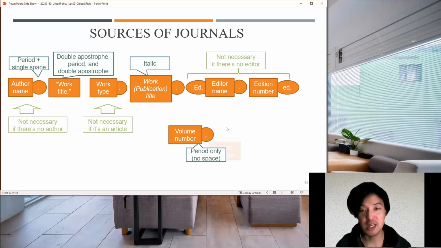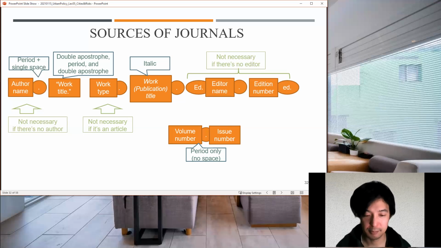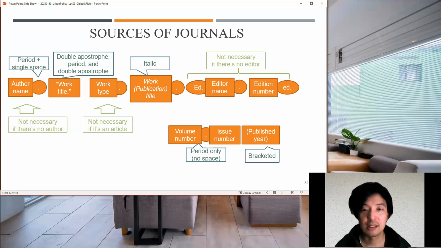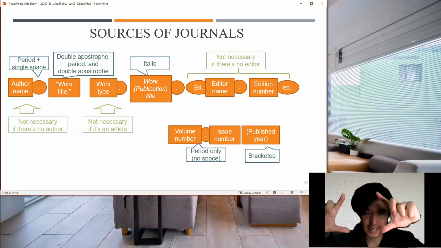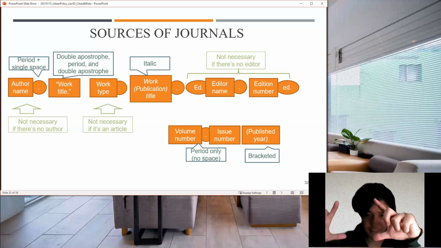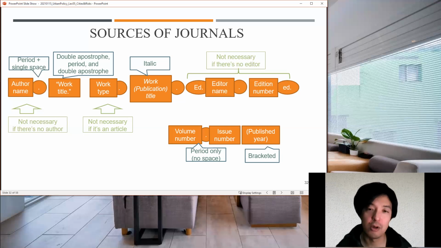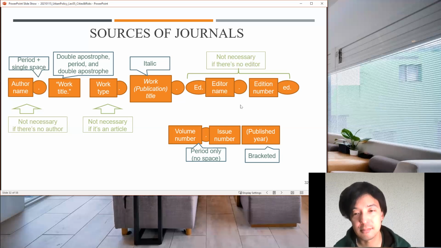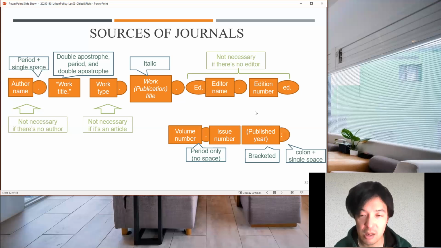And after that, you need the issue number. And you need to show the published year here. And in this case, you need a bracket. You should get it bracketed. And you use a colon, a single space, and the page number, okay?